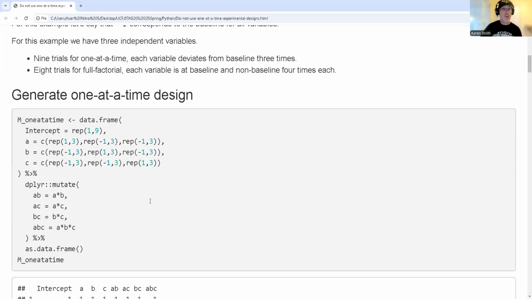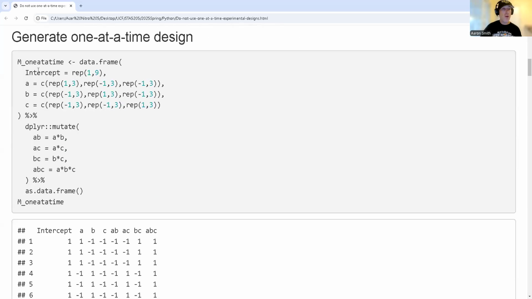Okay, so let's go ahead and generate our design. All right, so here, this is my one at a time matrix. You can see that I've got the intercept as a constant. For the first main effect, the first 3 rows are not baseline. Then the middle 3 rows are not baseline on the second main effect.